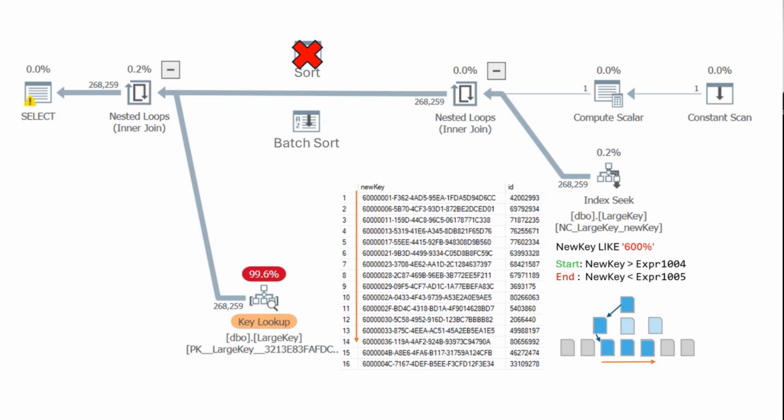So if the allocated memory, in this case 33 megabytes, is not enough for sorting all 260,000 rows, the batch sort operator will sort, let's say, 50,000 rows and leave it for nested loops to be processed, and then sort another 50,000 rows. So it never spills to disk, but it still tries its best effort to sort this outer input by IDs.